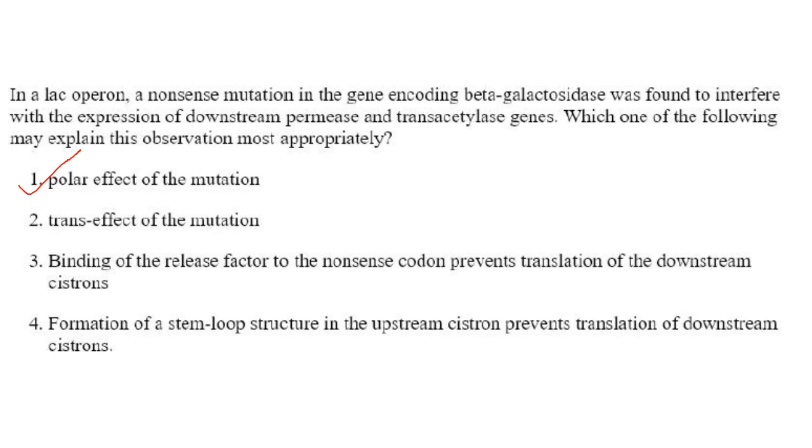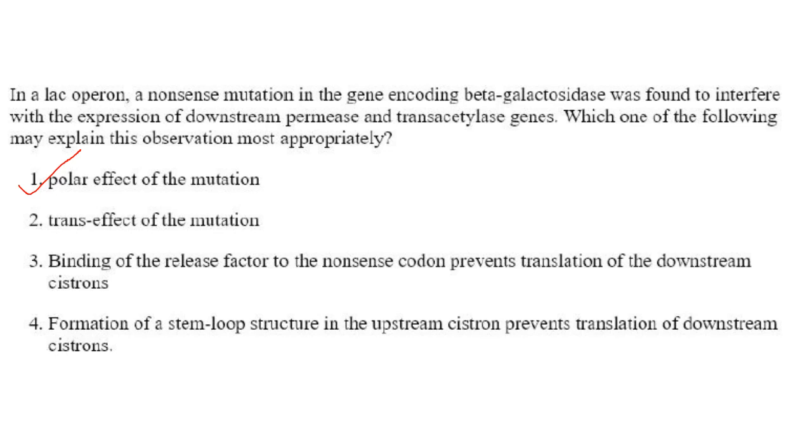Next one. In lac operon, a nonsense mutation in the gene encoding beta-galactosidase was found to interfere with the expression of downstream permease and transacetylase genes. So beta-galactosidase is mutated, and this mutation resulted in non-expression of permease and transacetylase genes, which are located downstream to beta-galactosidase.